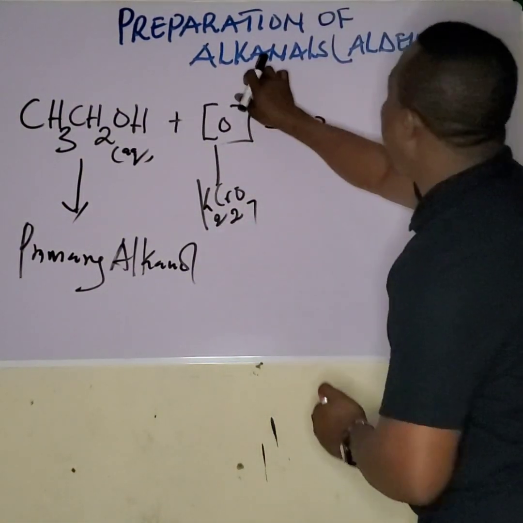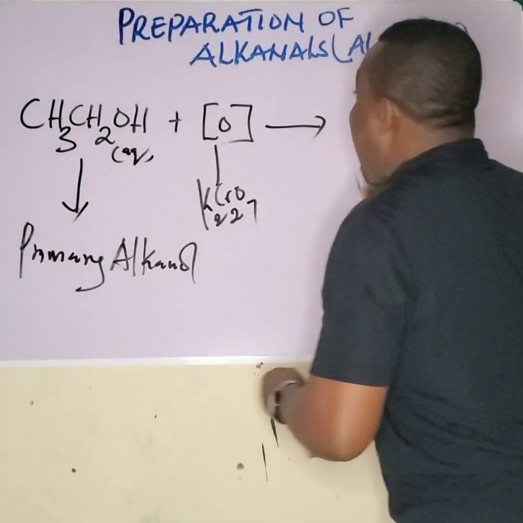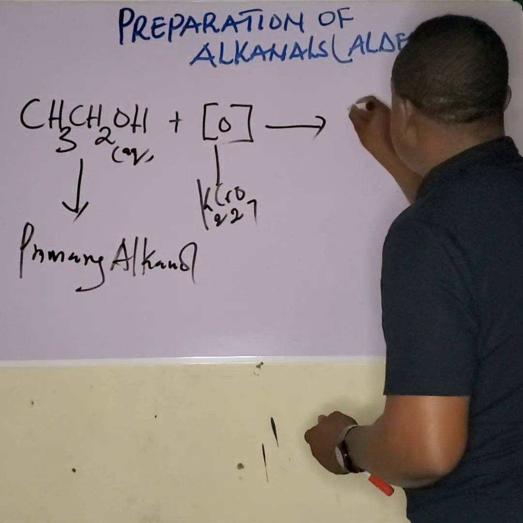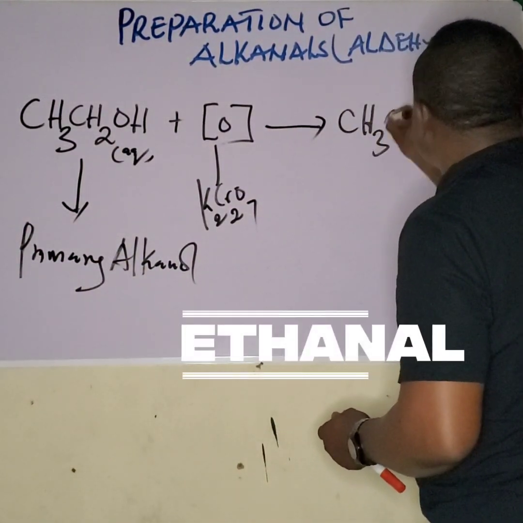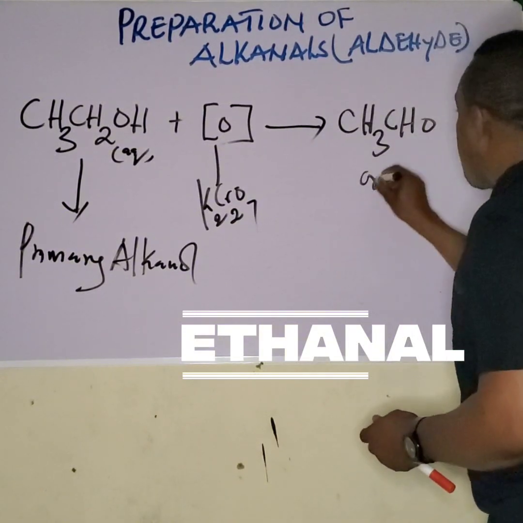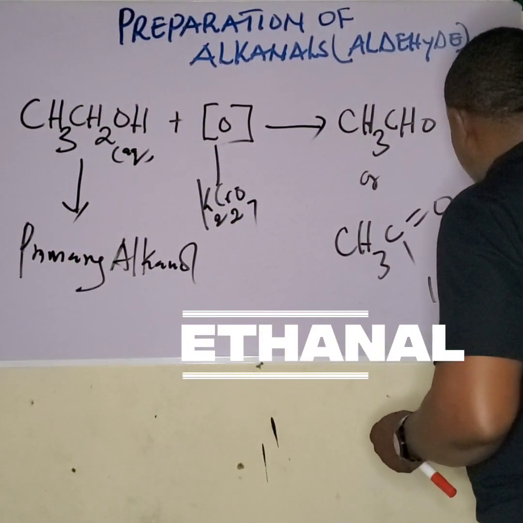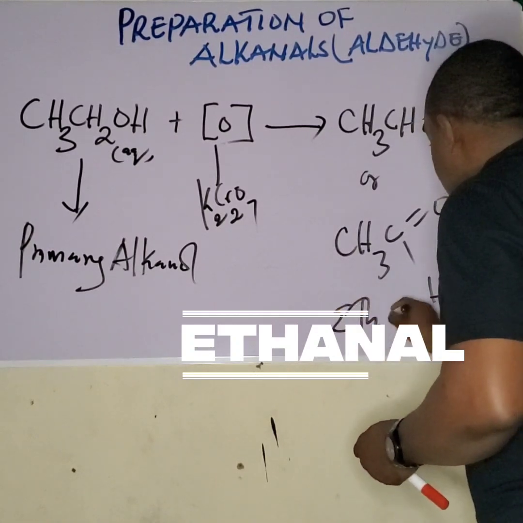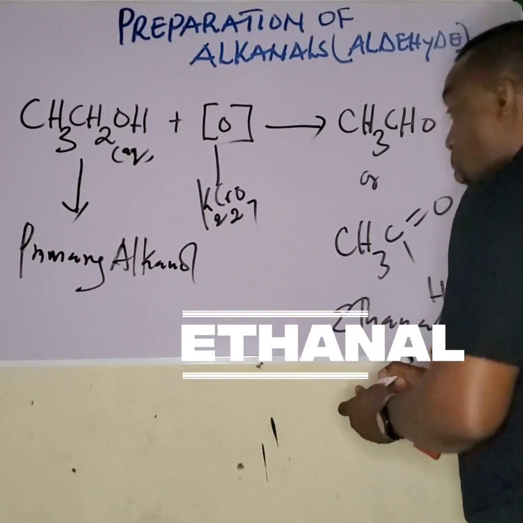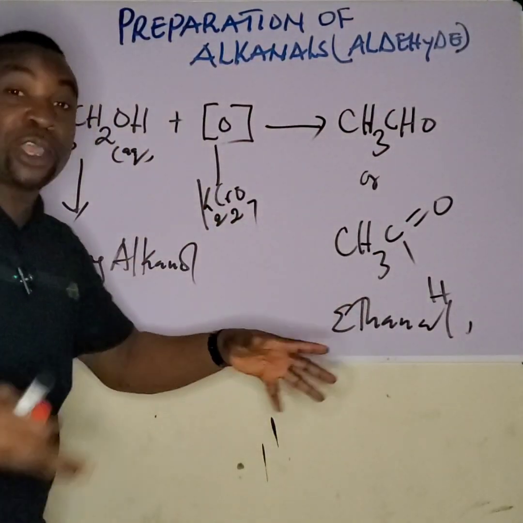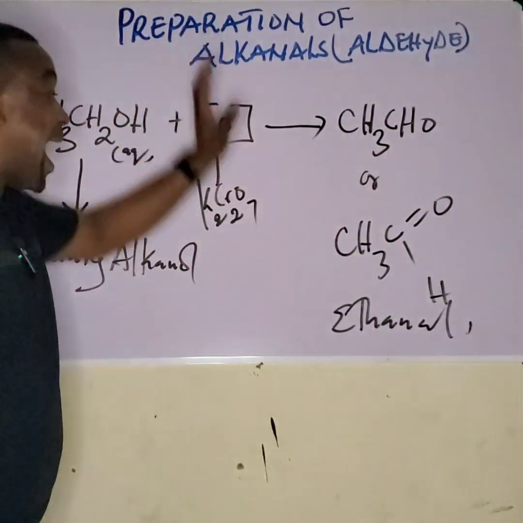You are going to prepare alkanals. The alkanal you are going to see here is CH3CHO, or you can say CH3, C double bond O, and we have H. And this is known as ethanal. So ethanal is one of the common members of alkanals.